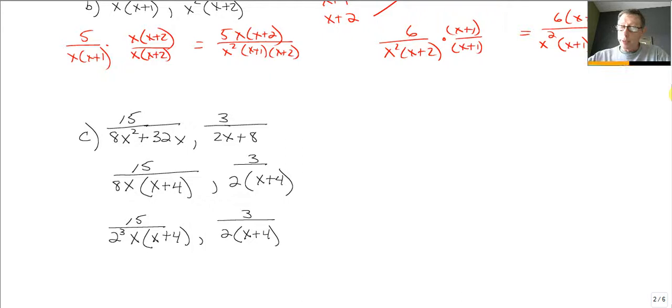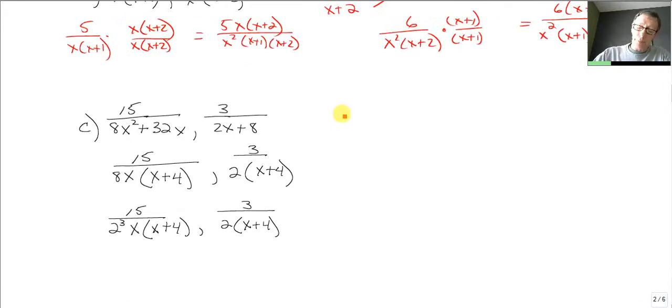So let's go ahead and find the LCD. Let's start with the first factor in the first term. I have a 2 cubed, and over in the second term, I have a 2. So between 2 cubed and 2, I'm going to want to use 2 cubed, since it has the higher exponent. Now you can see why I broke 8 up into its factor of 2 cubed. Moving over to the next term, I have an x, and I don't have an x in the denominator of the other term, so x is going to have to be in my denominator.